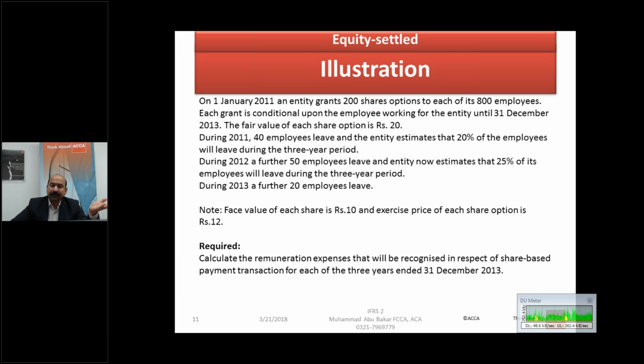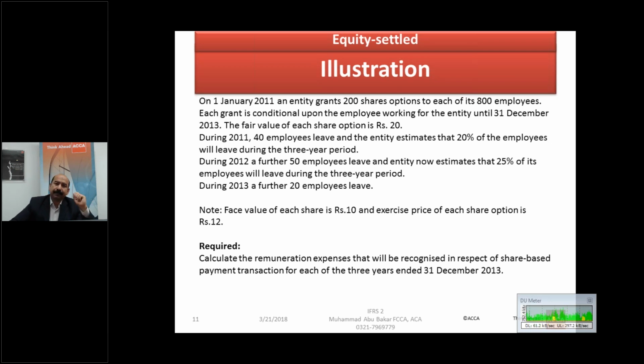Does this 40 employees include in this 20%? The contract will be very clear. Here in this question, 20% includes these 40 employees. It is not saying in addition to these 40 employees, the entity estimates that a further 20% of the employees will leave. It is not like this. It is very straightforward.